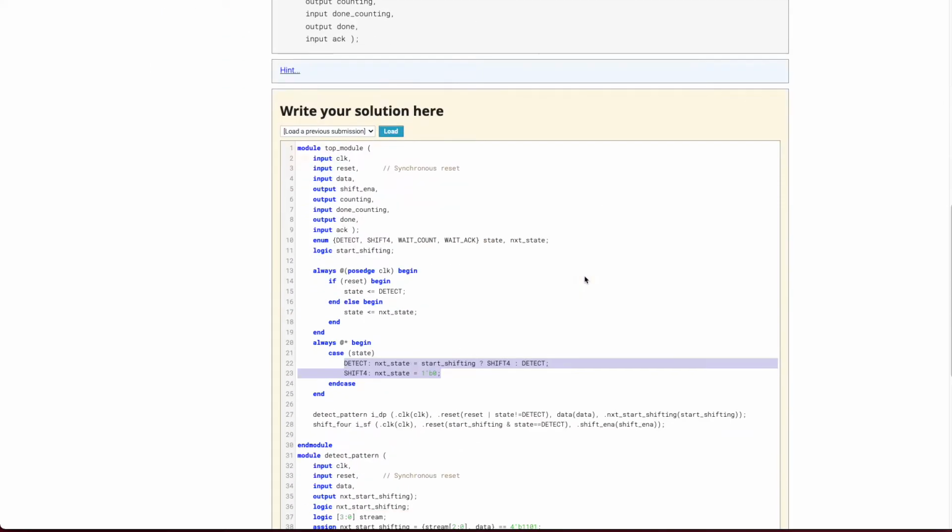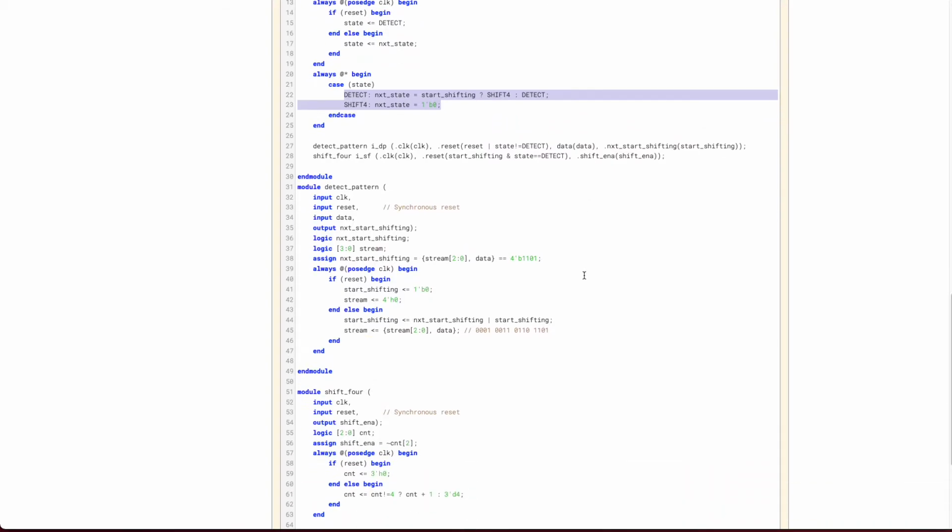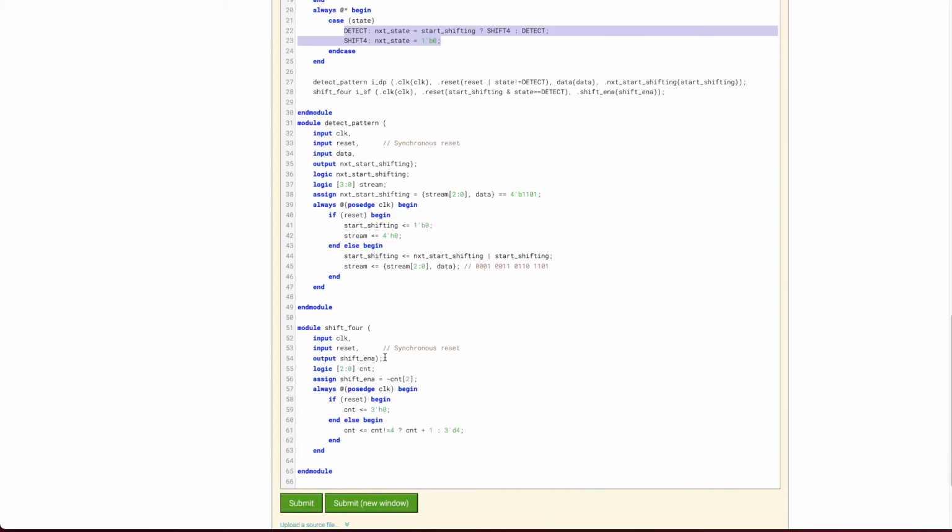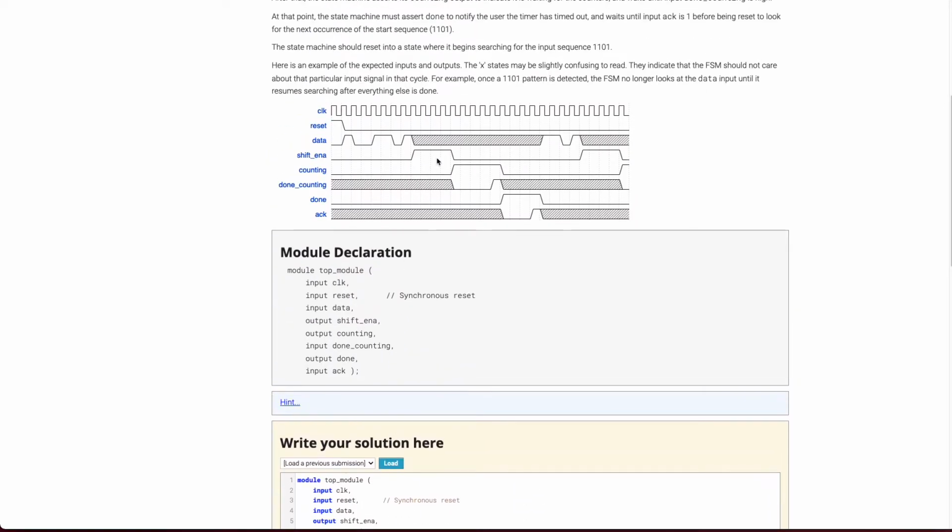Otherwise it won't happen. I also want to expose 0, 1, 2, 3 to count here.